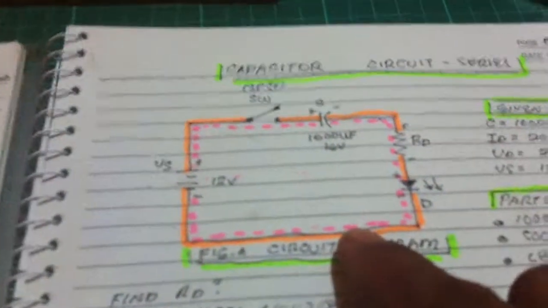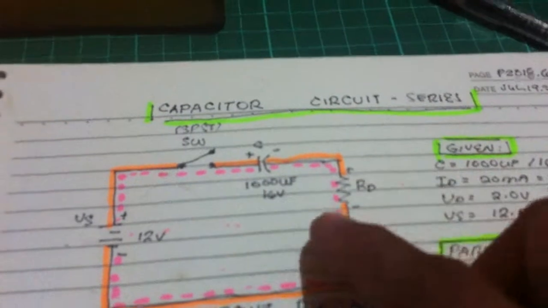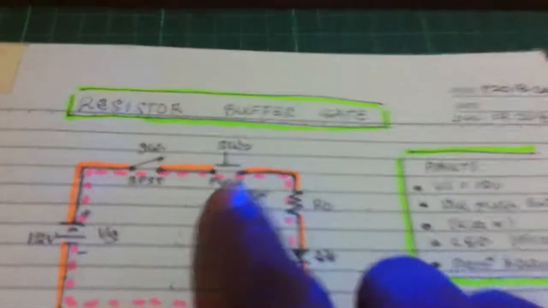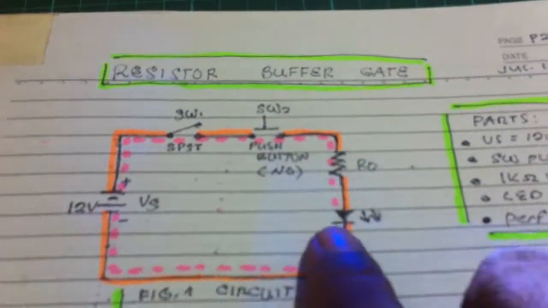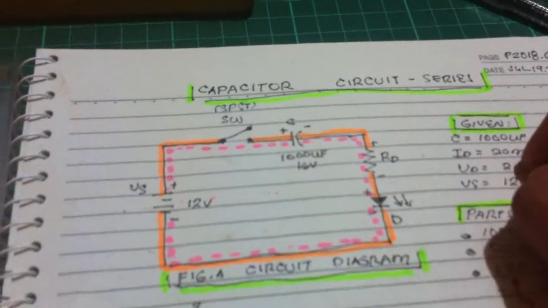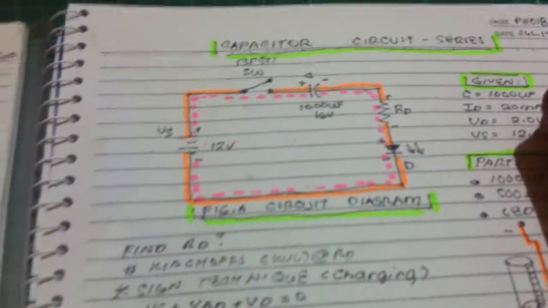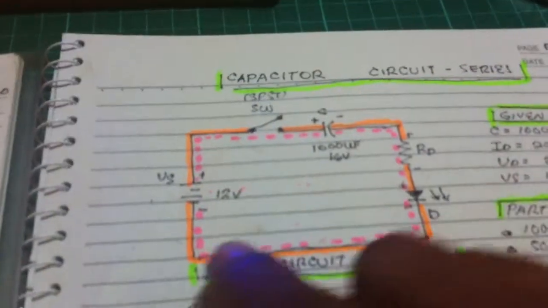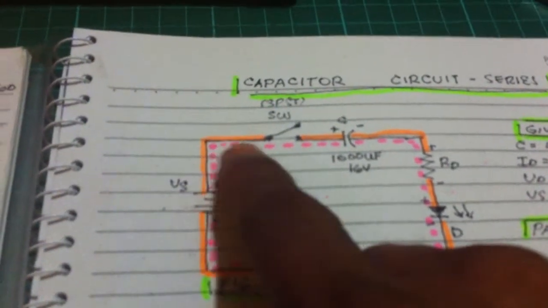The difference of this new circuit, named Capacitor Circuit Series, is that in our previous circuit we have a push button here. Now instead of the push button, I'm using the capacitor here to see what's going on when you're using a capacitor in series with the resistor. So let us see the current flow upon closing the switch.